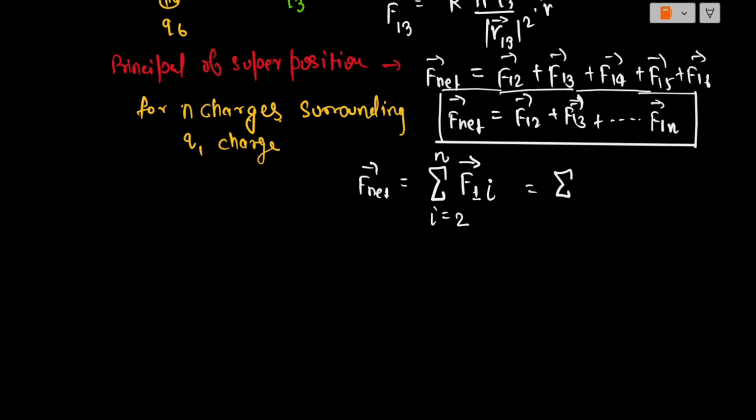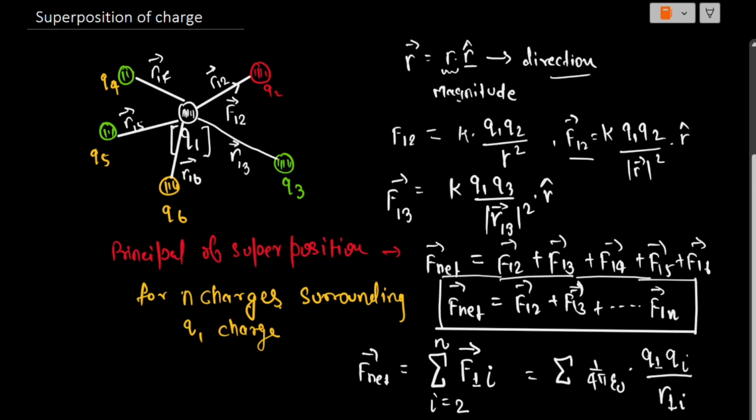Now the expression for the force between any two charges is 1 over 4 pi epsilon naught, which is the Coulomb's constant, times q1, the first charge experiencing the force, and qi, the other charge, which could be q2, q3, q4 or whatever, divided by the distance between them, r1i, squared. The distance always depends on where the charge is placed.